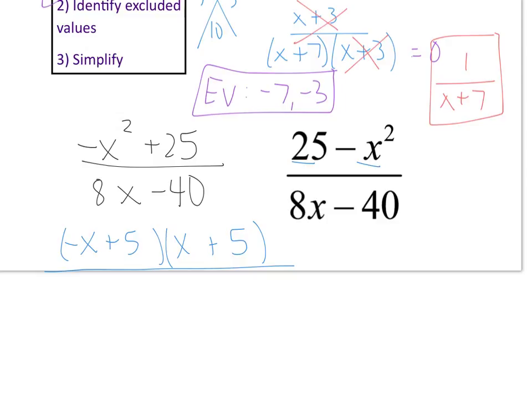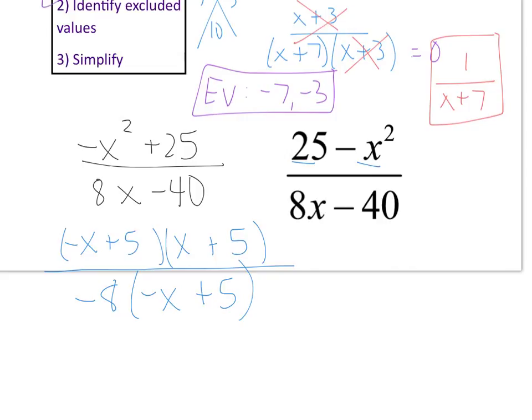And here, just because I see that I have a negative x plus 5, I am actually going to take out a negative 8 and then undistribute, and negative 8 to get to positive 8x would be a negative x. Negative 8 to get to a negative 40 would be a plus 5. And now I could have actually factored out an 8, but I would have had an additive inverse that I would then have had to take out a negative with. So I just actually did that in one step because I could see what was going to happen.